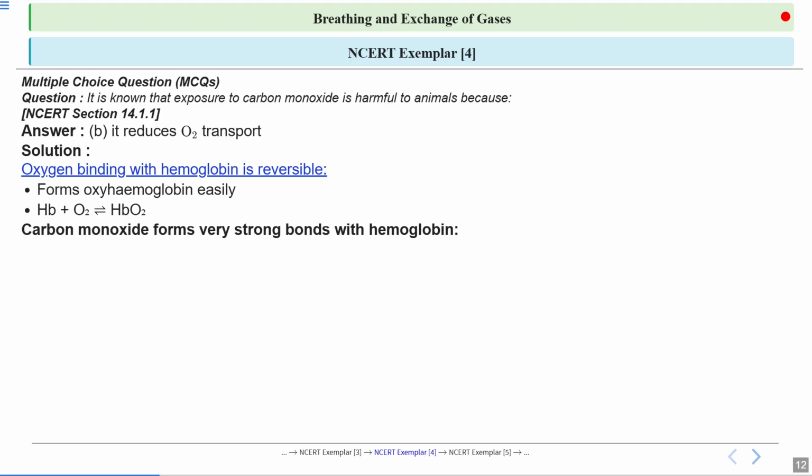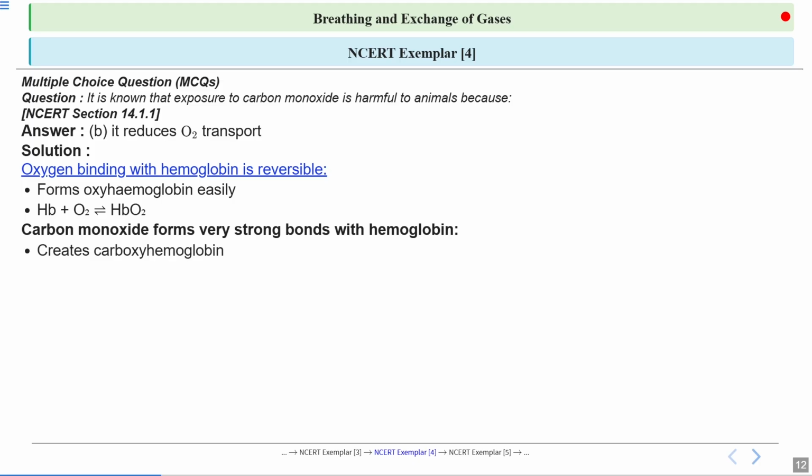The carbon monoxide forms a very strong bond with hemoglobin. It is not reversible, as we see in the case of oxygen, which, once combined with hemoglobin, also gets detached. So that is a reversible type of combination. But here, in the case of carbon monoxide, it is not reversible.